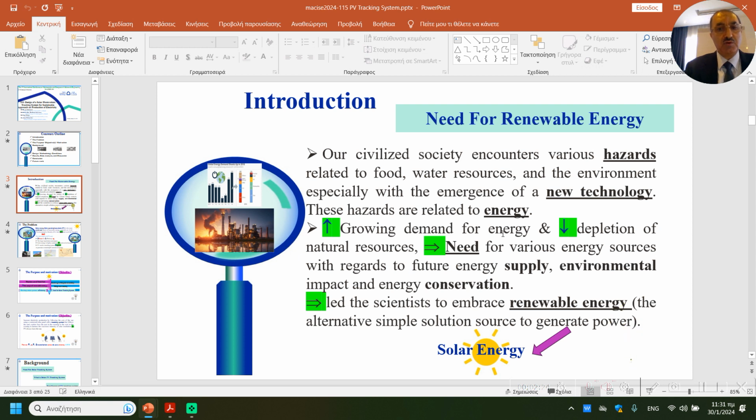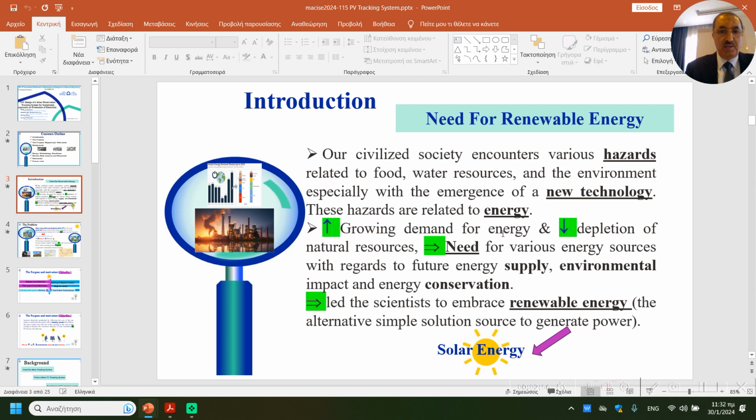With increasing demand for energy, there is a depletion of natural resources, which means we need more and more different kinds of energy sources with regard to the future energy supply, environmental impact, and energy conservation. This leads many of us, as researchers and scientists, to think about renewable energy.